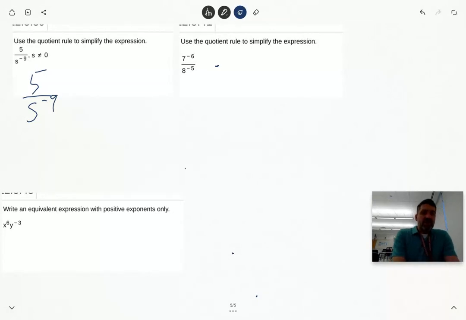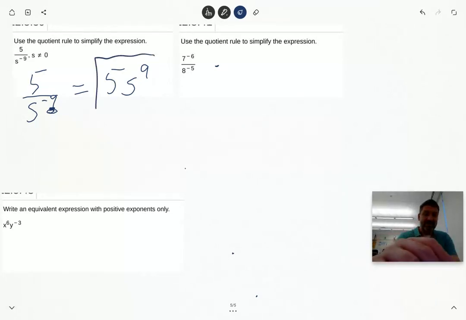So instead of s to the negative ninth, I'm going to change that to a positive, and I'll flip it from the bottom to the top. So that would simply become 5s to the ninth. So I changed the exponent to a positive. When you change the sign, it flips it from top to bottom or from bottom to top. So that would be 5s to the ninth.